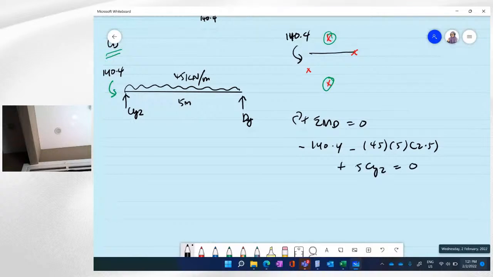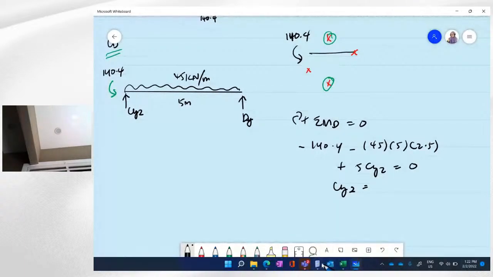So we get CY2, which is equal to, we total all together and divide by 5.